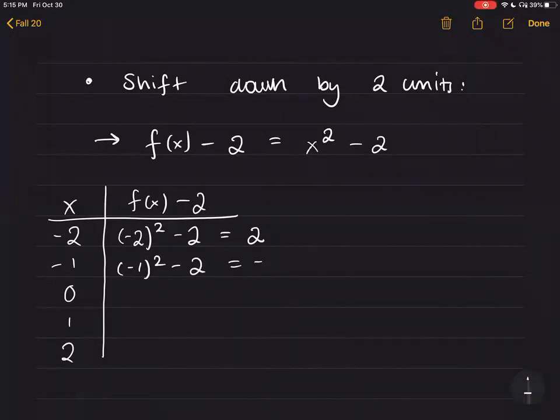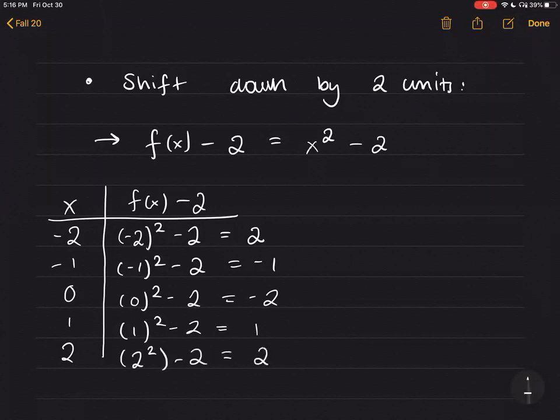Sorry, brain fart. That one's -1 squared minus 2, which is -1. This one is 0 squared minus 2, that's -2. This one's 1 squared minus 2, that one is -1. And this one is 2 squared minus 2, which is 2. There we go. Okay.